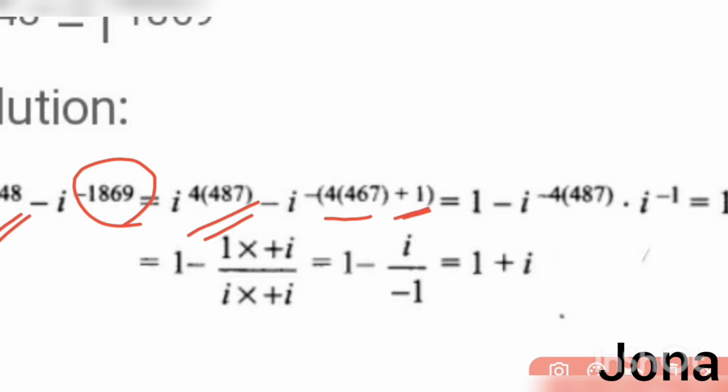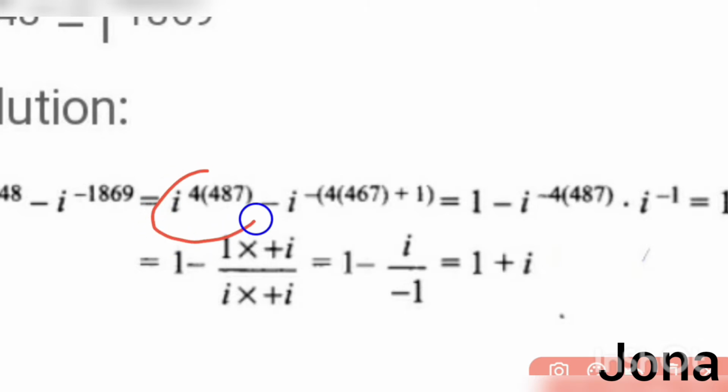So we have i power 4 into 487, and i power 4 value is 1, so I can straight away write the value as 1 here. And then i power minus of 4 into 467, till this the value is 1.